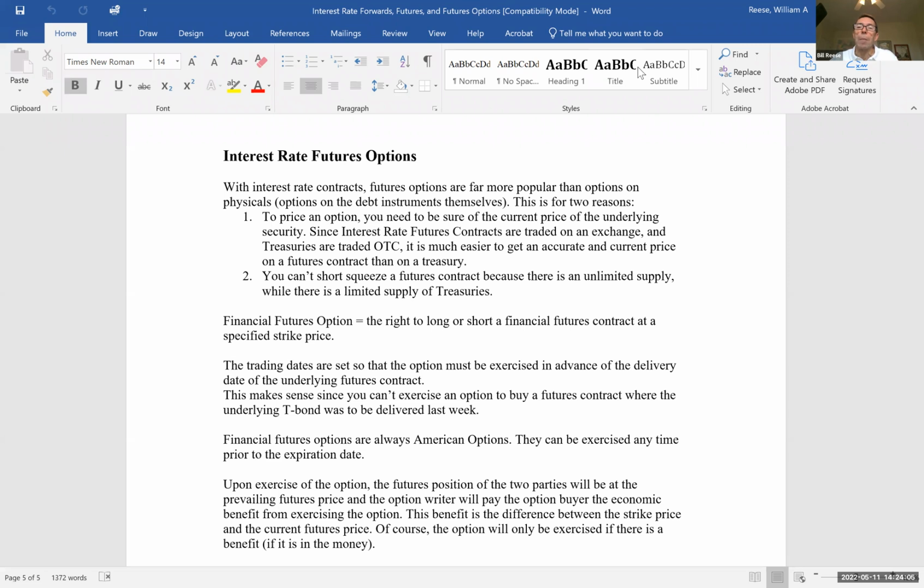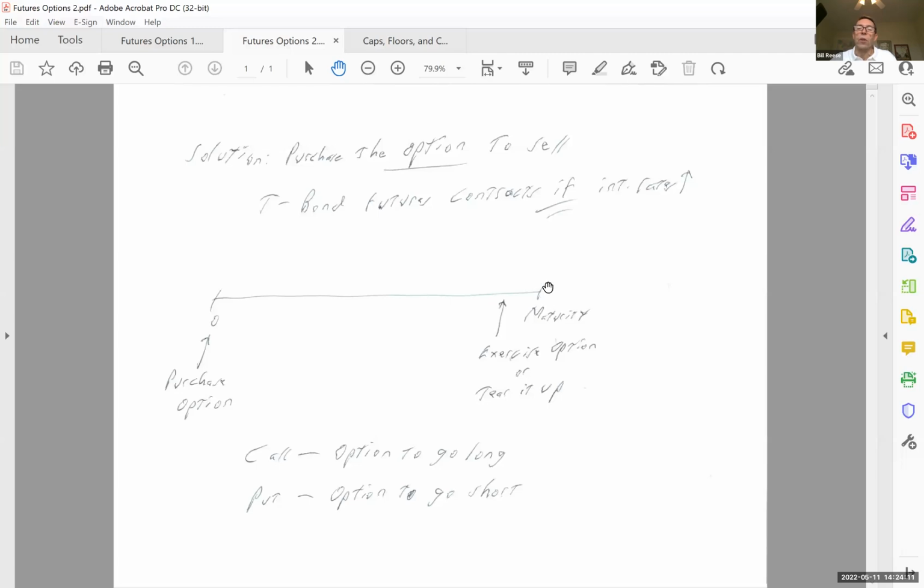So when we were looking back at the diagram, if this is the delivery date right here, the option must be exercised prior to that date. You can't exercise an option after you're already needed to deliver the instruments. That really wouldn't make sense. So the option has got to be exercised before the delivery date.